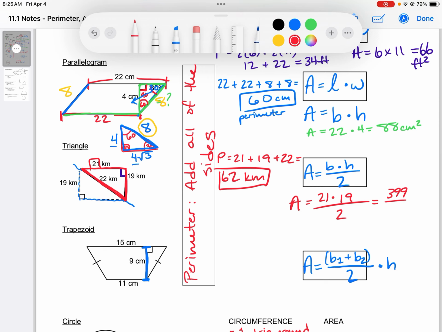And half of that, made an error, hold 1 second, divided by 2. Half of that is 199.5, and that would be kilometers squared.